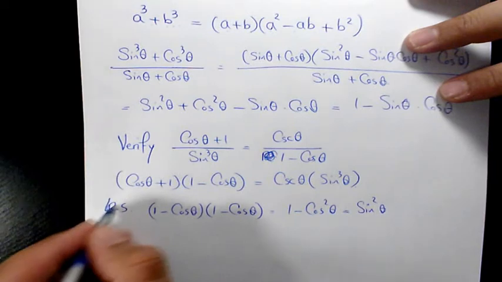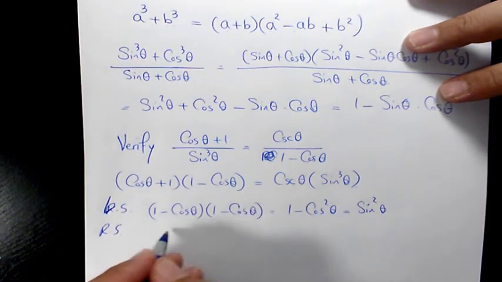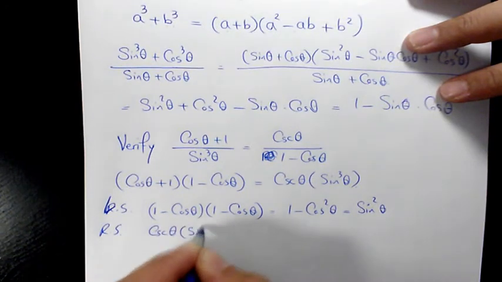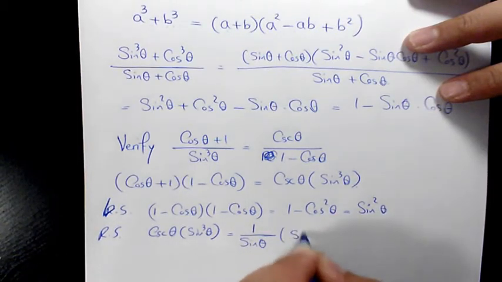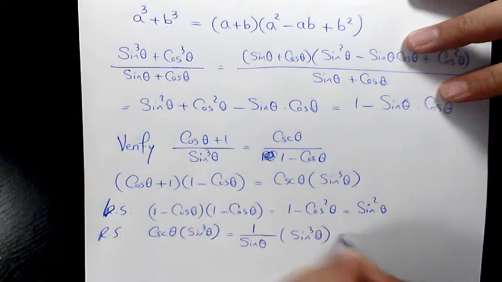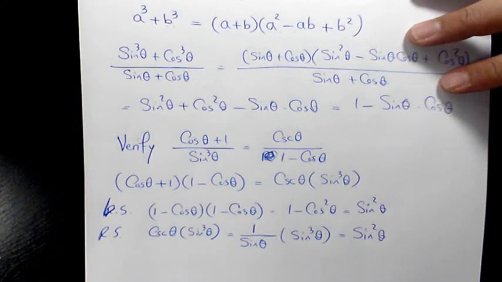That's actually the left hand side. The right hand side is going to be cosecant theta times sine cube theta. Cosecant is 1 over sine theta, times sine cube theta is going to be equal to sine squared theta, so the right hand side and left hand side are equal.